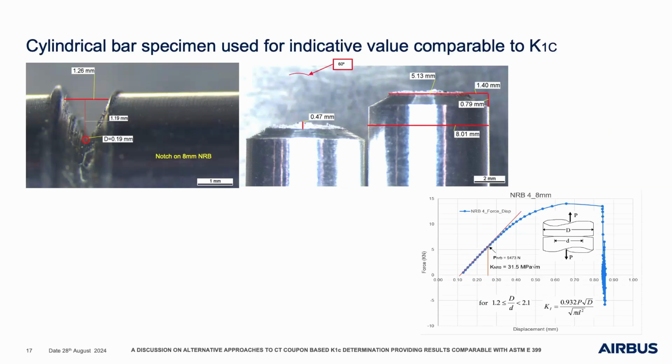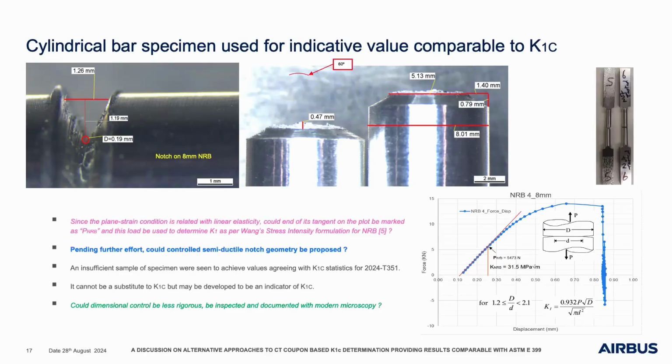We took the end of the tangent of the linear portion of the curve, marked that as a load, and calculated a stress intensity based upon a formula by Wang. This gives you a value that is within range of the K1C value for the material. In this case, we got a KNRB, a type of KQ, of 31.5 MPa root meter.